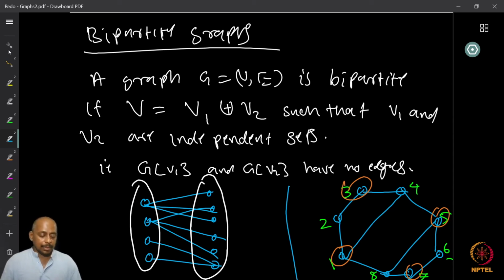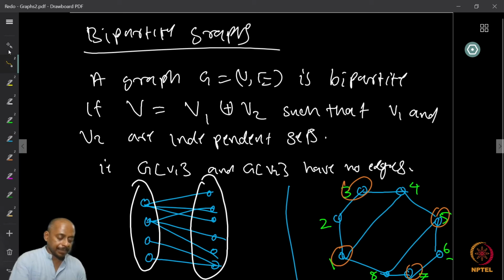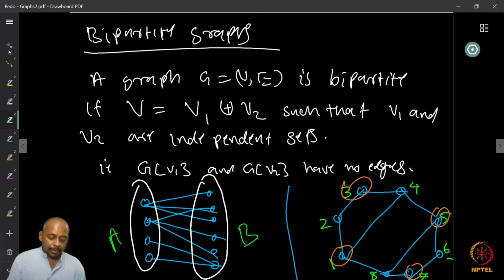Here is a nice representation of the bipartite graph. I have this part A and this part B. A and B are independent sets, and the edges are between A and B. Any edge has one of its endpoints in A and the other endpoint in B. So the induced subgraphs on V1 and V2 have no edges.